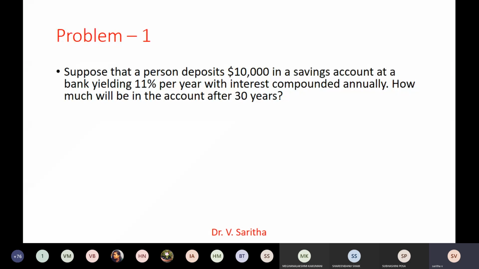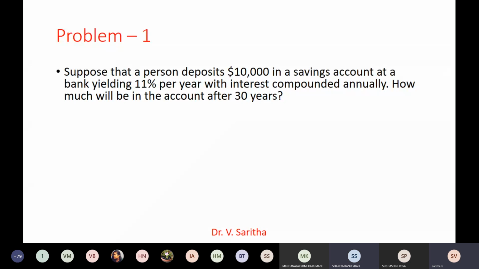After 1 year, how much will the amount be? P1 means after completing the first year. So how much will we have? That is P0 plus 11%, and 11% means 0.11, so 0.11 times P0. So P1 equals P0 plus 0.11 P0.